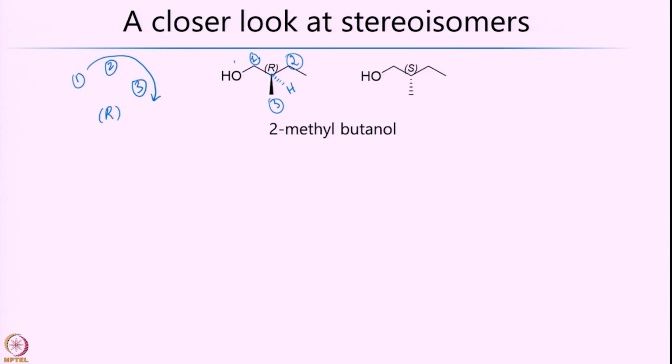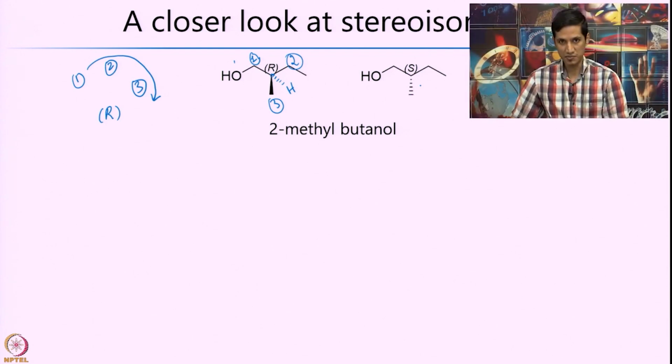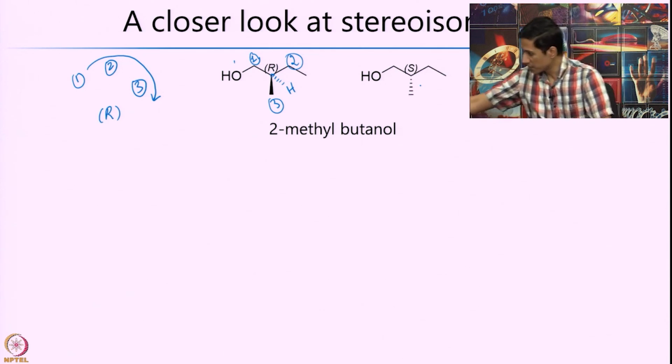Similarly, one can work out the one on the right-hand side, and this we would call the S enantiomer or the S configuration, correct. This is what we typically saw in a molecular model, where a central carbon atom is attached to 4 different units, and this was also the proposition given by van 't Hoff to begin with.